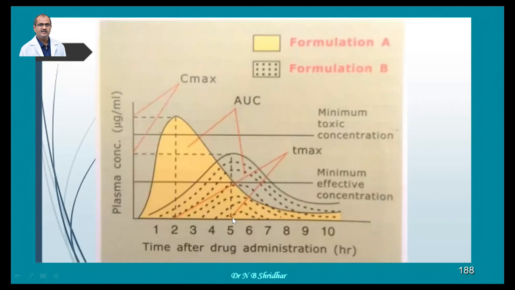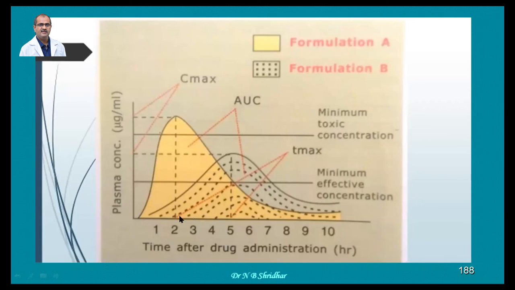And minimum toxic concentration is the one at which the animal expresses the first signs of toxicity. Of course, at the dose where a few of the receptors are being acted upon by the particular drug, that is known as the minimum effective concentration or MEC.